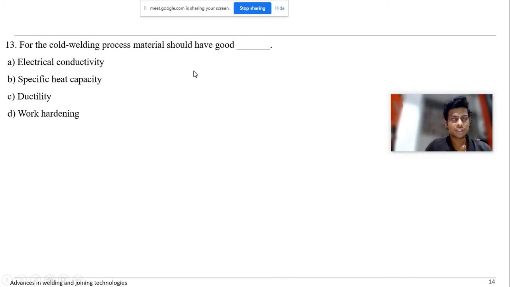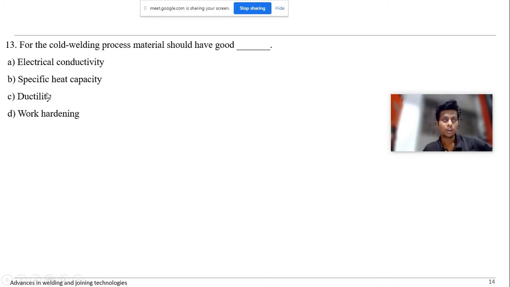For the cold welding process, the material should, obviously, here we are not even applying temperature, and just with the help of forging, if this is the metal to be joined, I will be applying the forging force. So if it is a ductile material, then better deformation and all happens. Because of that, joining will happen.